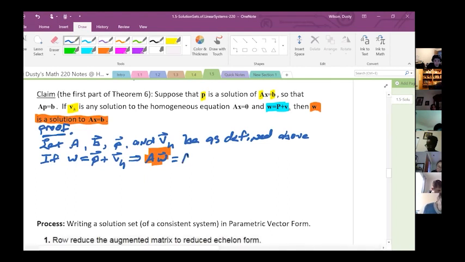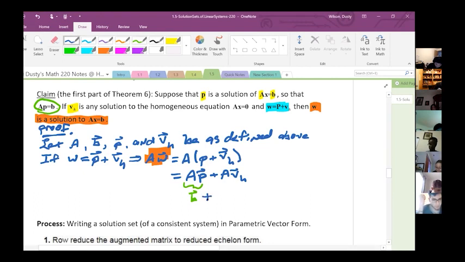So this would be the same thing as A times (p + vh). One of our things from yesterday said we can split this up to be Ap + Avh. What's Ap equal to? Yeah, we have Ap = b.